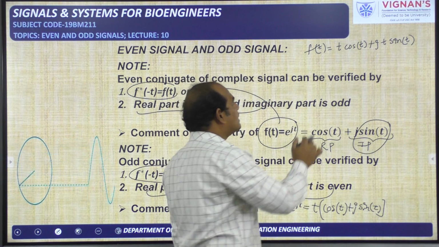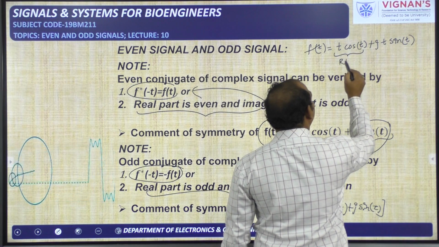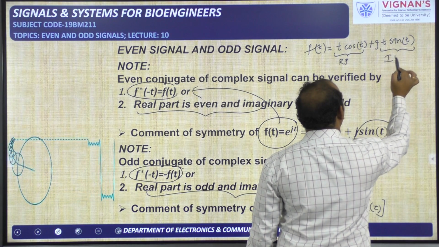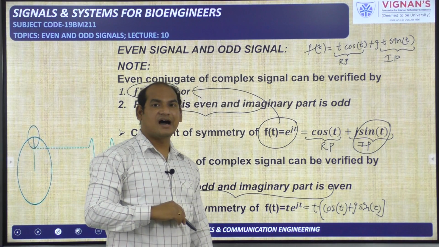So t cos t is the real part and t sin t is the imaginary part. Let us check whether that real part is even or odd.